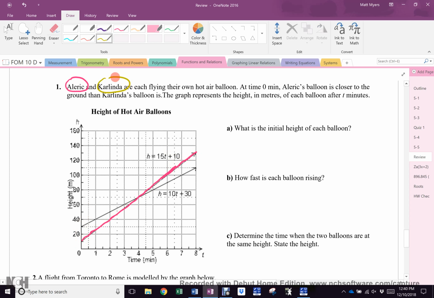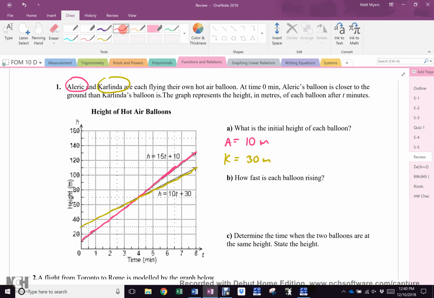This is Carlinda. What is the initial height? Where's Alaric? 10 meters. Where's Carlinda? 30 meters.